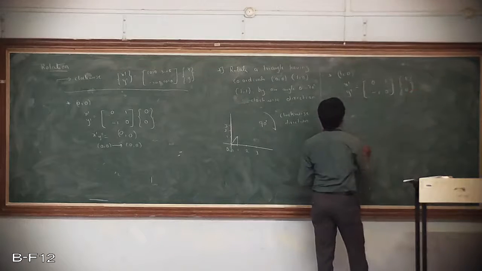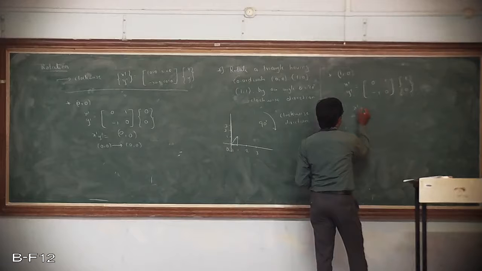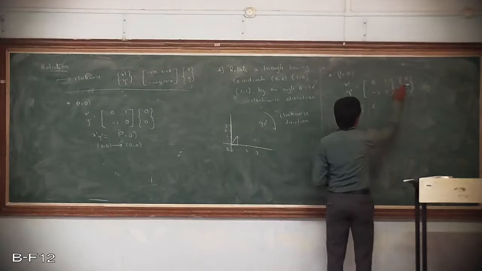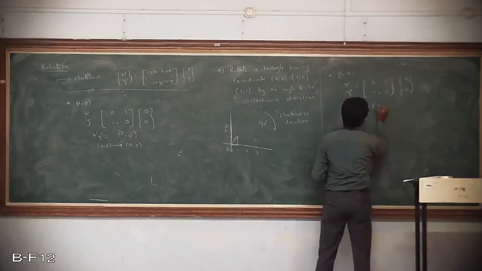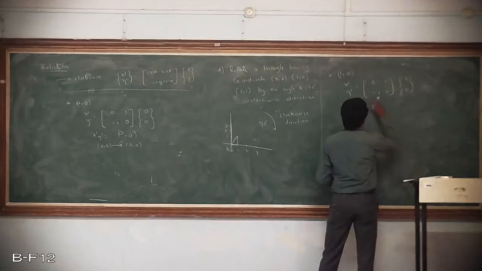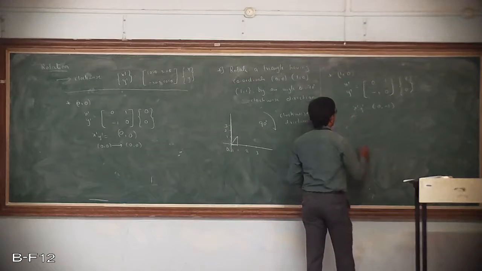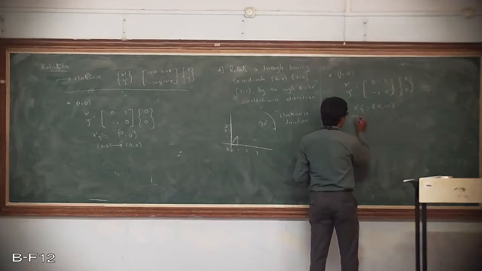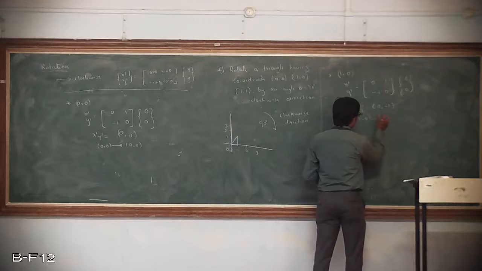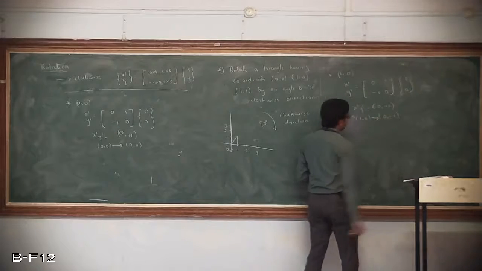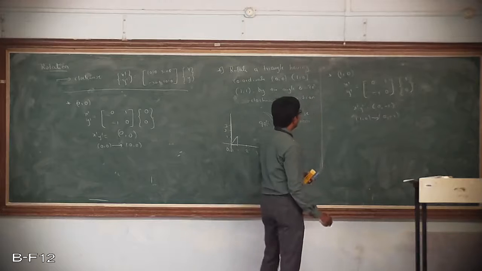So what you will get? 0 into 0 is 0, 1 into 0 is 0. So the first x coordinate remains as it is. Minus 1 into 1 is minus 1, and 0 into 0 is 0. So you will be getting this coordinate. So 1 comma 0 is now shifted to 0 comma 1. That is the second point.